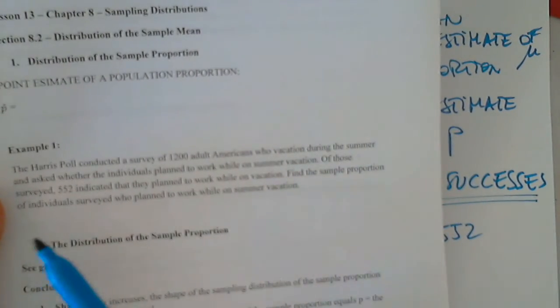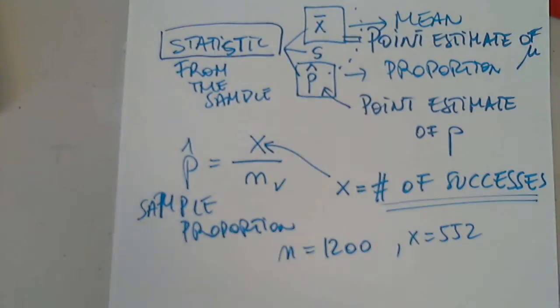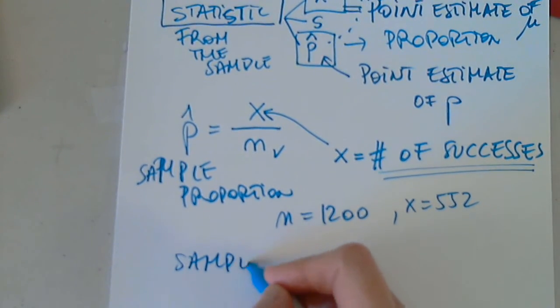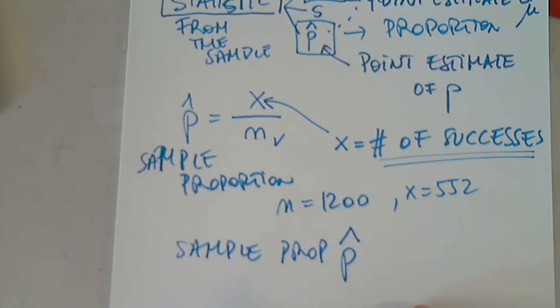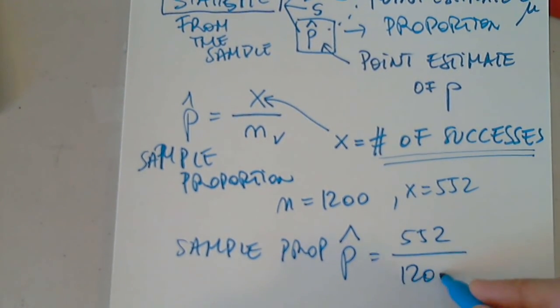Find the sample proportion of individuals surveyed who planned to work while on summer vacation. That's our sample proportion. It's called p hat, and in our example it will be 552 over 1,200.